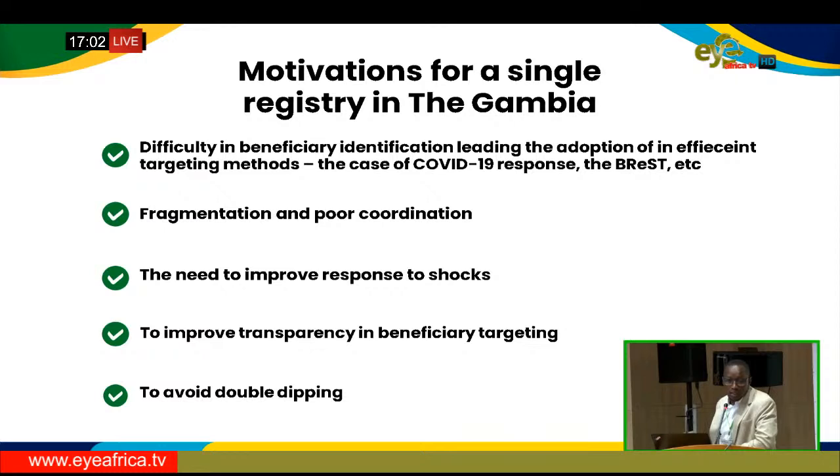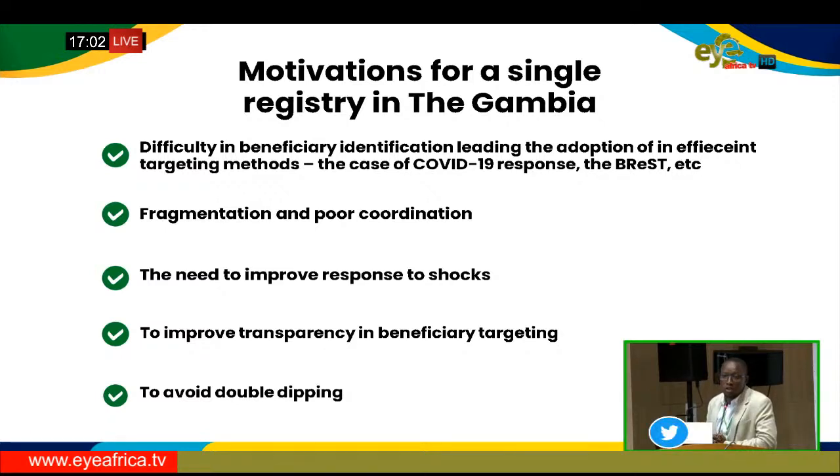The other thing that also motivated the development of a single registry in the Gambia is the fragmented nature and weak coordination that existed in the sector, although it's improving. We know there is no central coordinating body for social protection interventions.